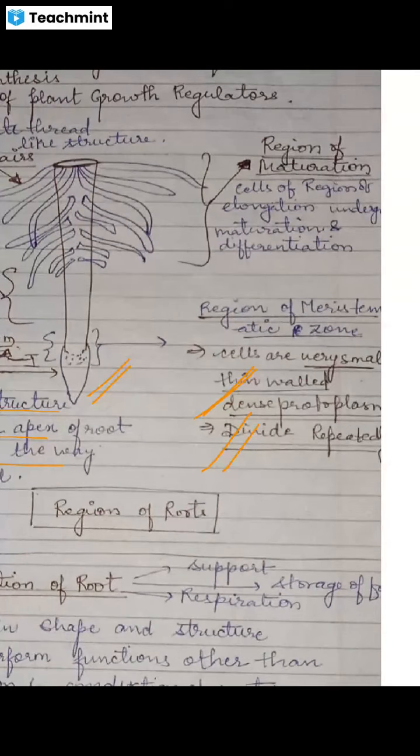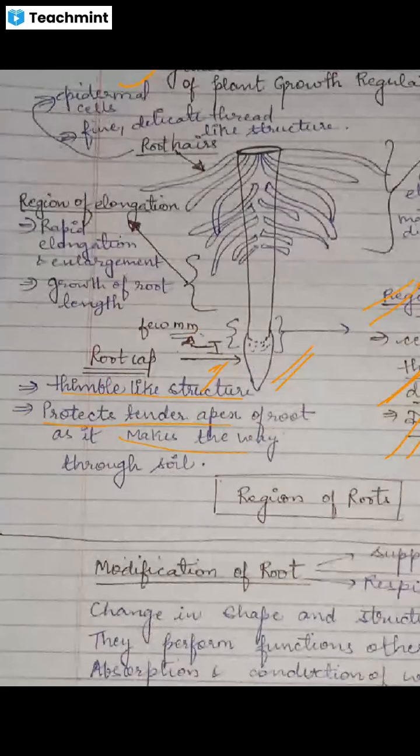The distance between the meristematic zone and the root cap is only a few mm. Now, proximal to the meristematic zone, we have the region of elongation. In the region of elongation, there is rapid elongation and enlargement of the root. There is growth of the root in length.